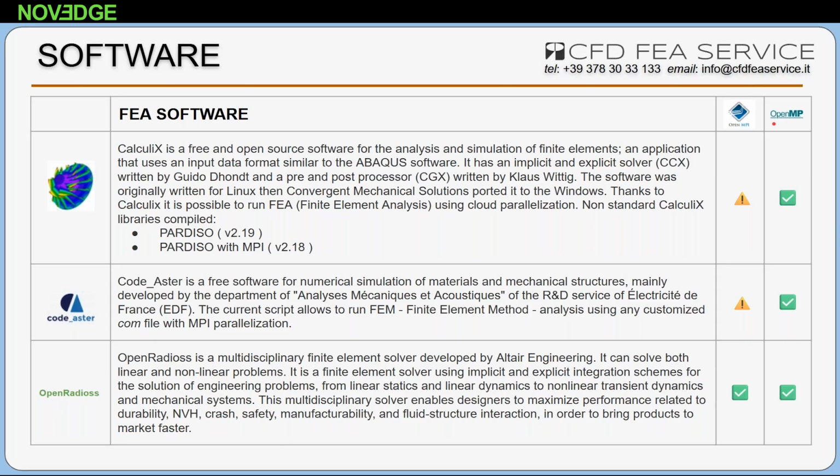For Calculix, we have OpenMP for all the versions, and OpenMPI for some of the versions which are specified with the suffix MPI, so you can easily understand which of the Calculix versions installed in the platform are able to perform an OpenMPI simulation.